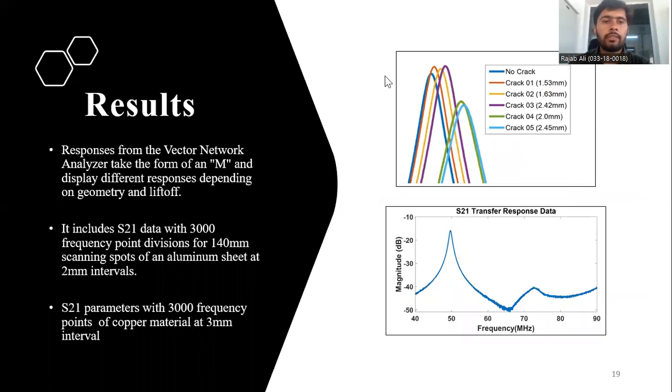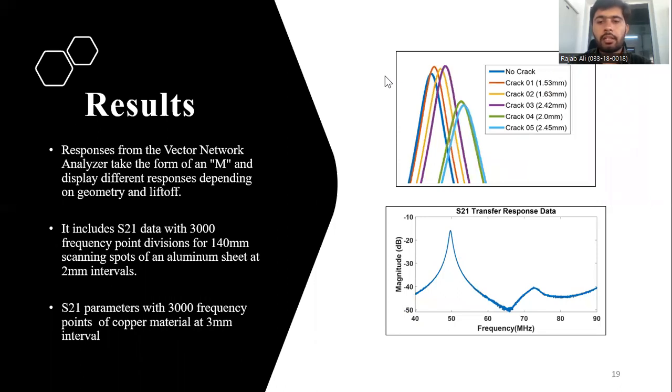We got these results from our VNA machine. The response from the vector network analyzer takes the form of an M shape and displays different responses depending on the geometry and liftoff. It includes S21 data with 3000 frequency point division for 140 millimeter scanning spots of an aluminum sheet at 2 millimeter interval.